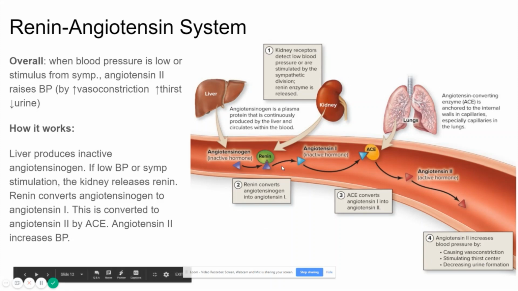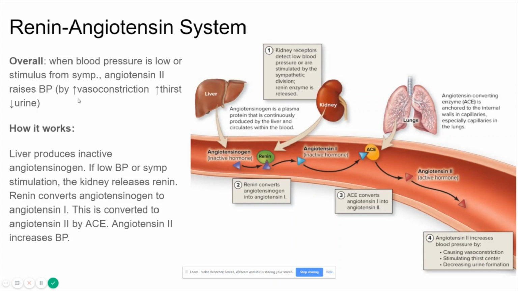Before I get into this diagram at all, let me just describe overall how angiotensin works. So if your blood pressure is low, or your sympathetic nervous system is stimulating your kidneys, angiotensin II is going to raise your blood pressure.